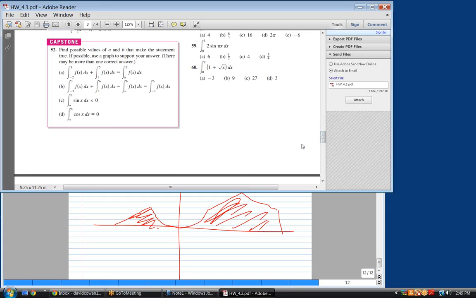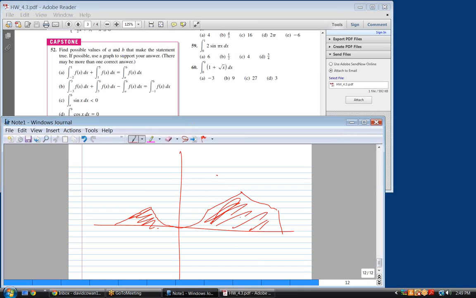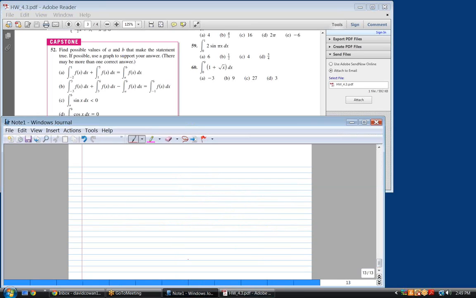If possible, use a graph to support there may be more than one correct answer. Find values of A and B that make this true.